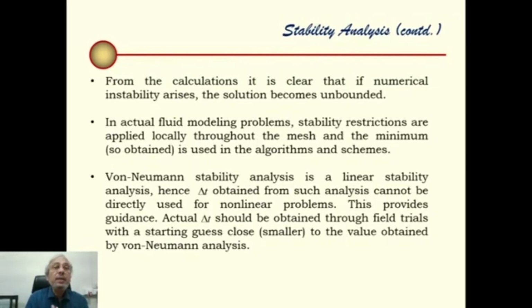Actually, having obtained this indication from the stability analysis, we have to take delta T little less than the restrictive value, and then we have to try it for the entire problem. And this is sort of numerical experiment. So we have to set up a trial run, 2-3 trial runs to see whether delta T is functioning well.